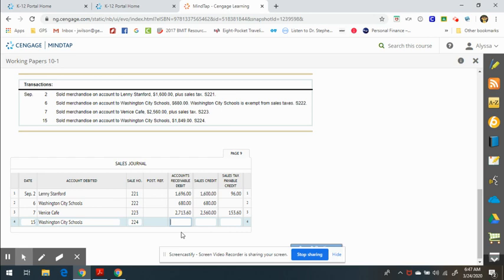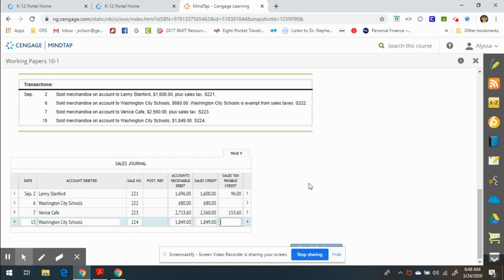And remember, schools are not taxed, they're tax exempt. So our total accounts receivable in this case is $1,849. And our sales credit is $1,849. And we're going to leave sales tax payable blank because we don't charge them sales tax.